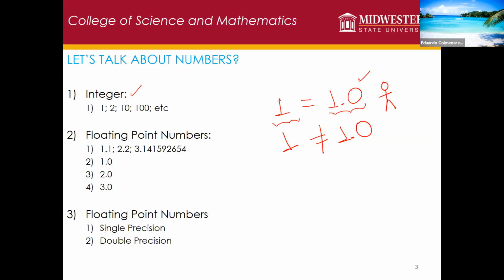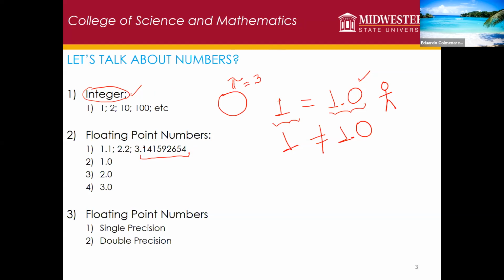Imagine you guys solving something as simple as the area of a circle without being able to use floating point numbers for pi. So if we are constrained to the world of integer numbers, you will be obligated to say pi is equal to 3 because you cannot say 0.14159265.